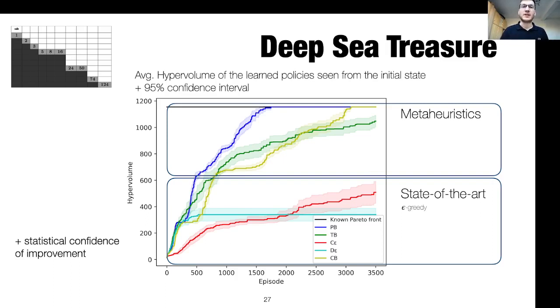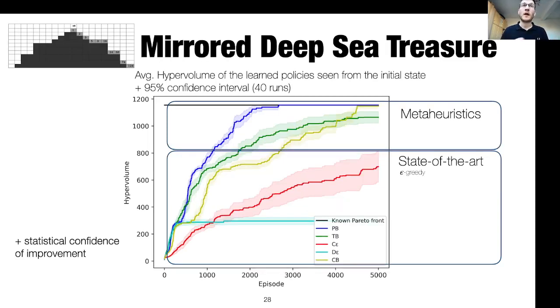However, you can see that the decaying epsilon greedy actually becomes greedy. As you can see, it doesn't learn much after 500 episodes, while the constant epsilon greedy still learns, but its confidence interval grows as well. The same kind of results apply to the mirror deep sea treasure, which confirms our claim. So here there's nothing to add.